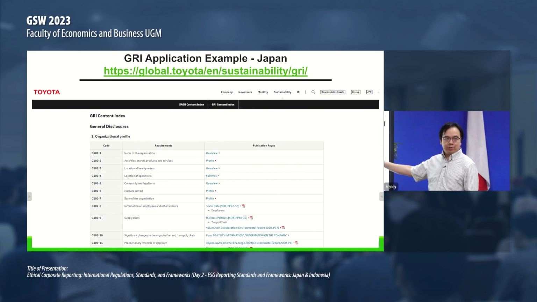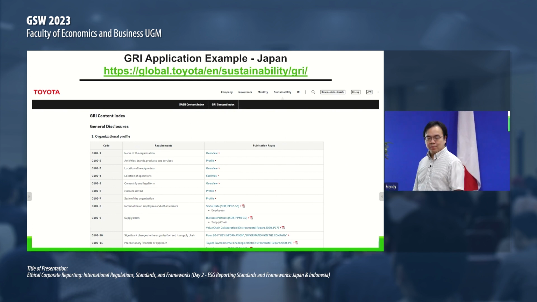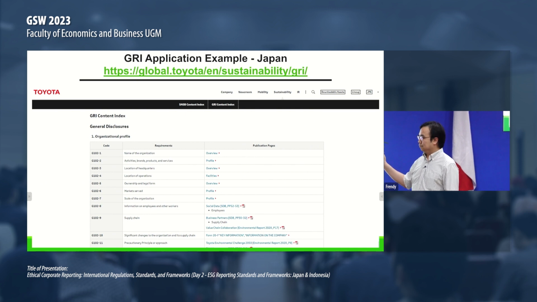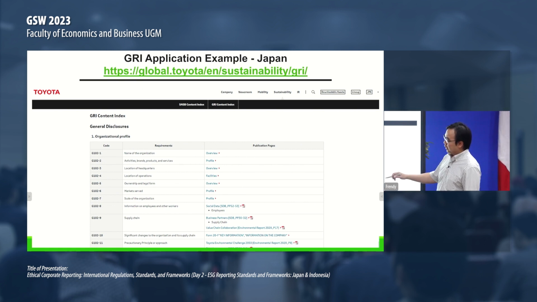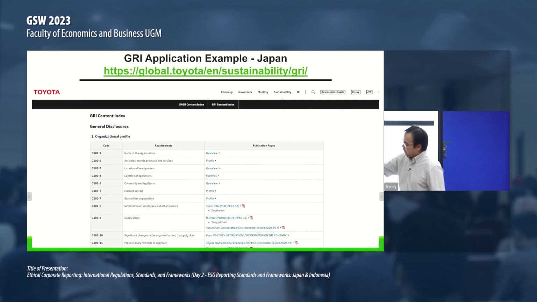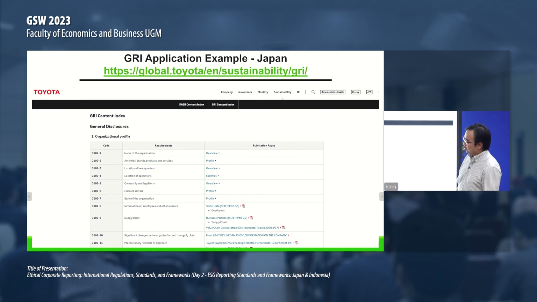Now that you have these two pages side by side, is it now easier for you to compare the sustainability performance between these two companies? Right. Because now, just from the first page alone, you can see the requirements are the same. 102-1 until 102-11.